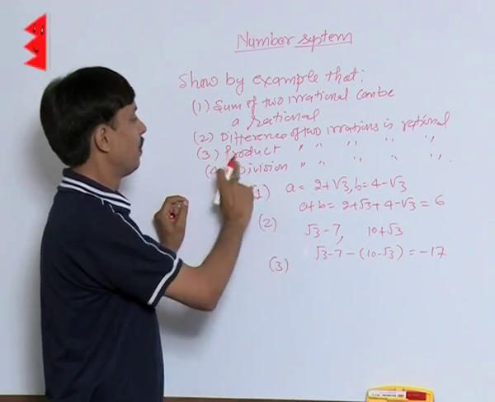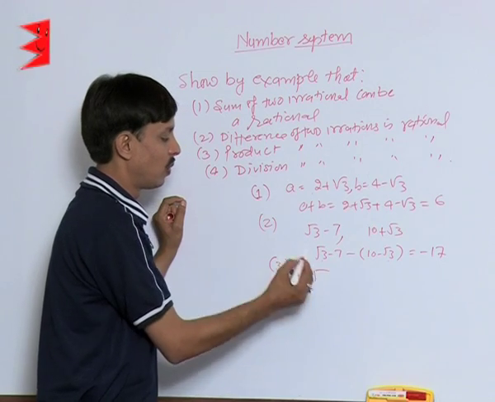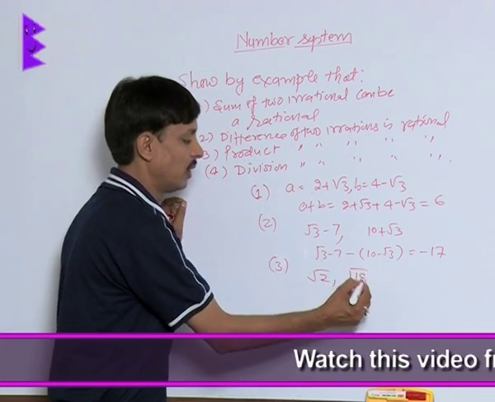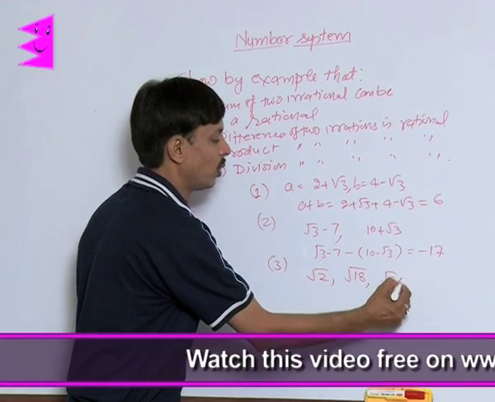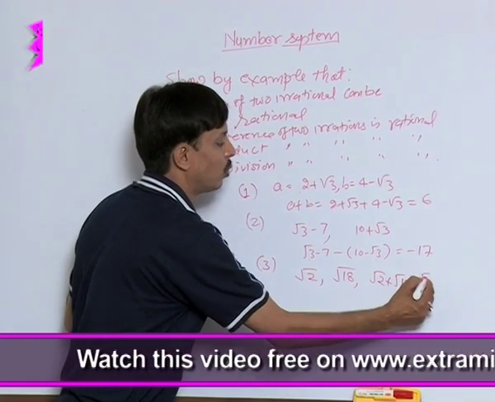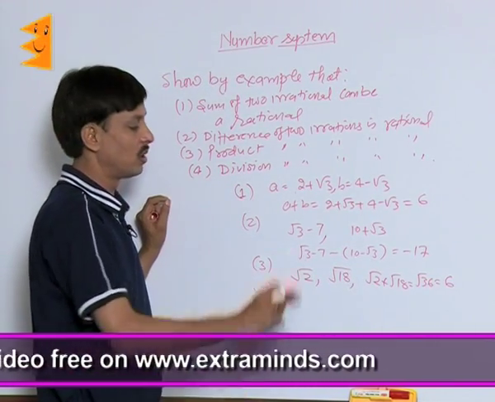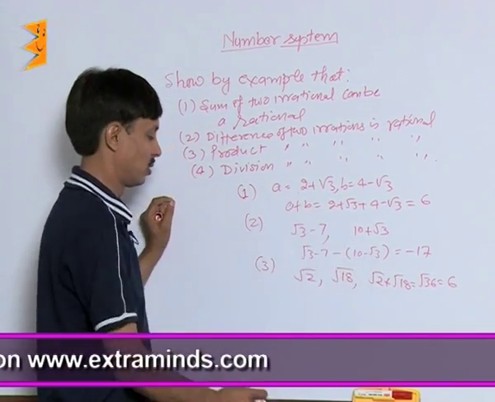Third example, product. If one of the numbers is root 2 and another number is root 18, their product root 2 into root 18 becomes root 36, which is 6, natural also, whole number also, rational also and integer also.